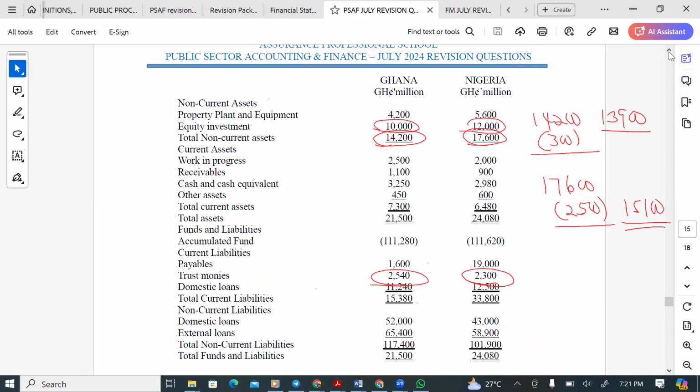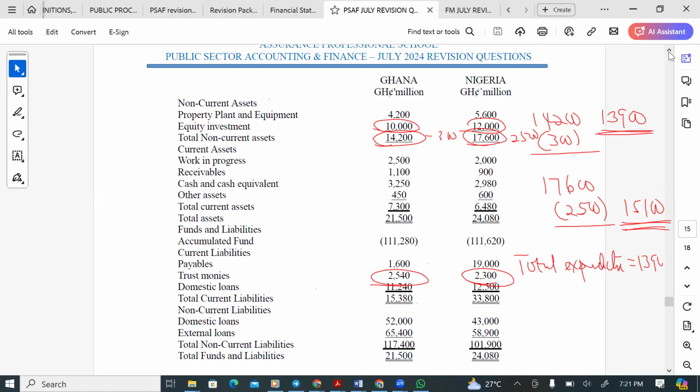So it means that you have to come and take your loan of 300 over here and 2,500 over here. If you do that, you'll be getting 13,900 for Ghana and 15,100 for Nigeria. So if you want to know your total expenditure now, you will take the 13,900 plus the revenue expenditure, which is given to you.